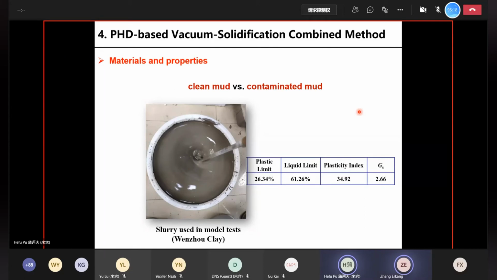In this section, we test both clean mud and also contaminated mud. For the clean mud, we primarily look at the dewatering efficiency and the mechanical behavior, such as the shear strength. For the contaminated mud, on top of that, we also look at the stabilization effect of the heavy metals.